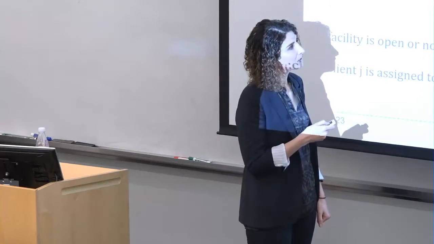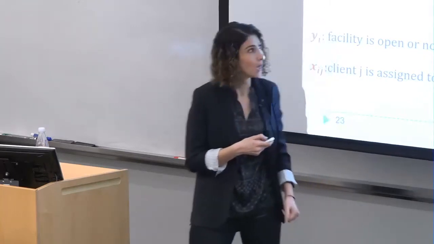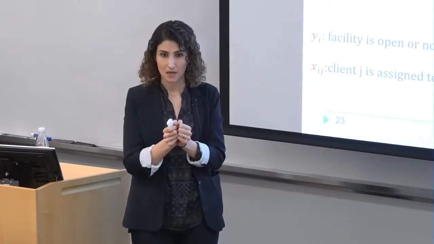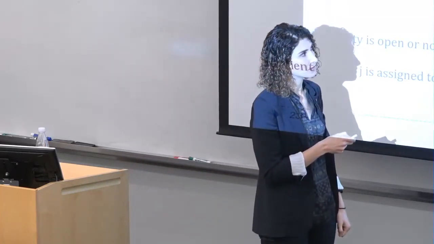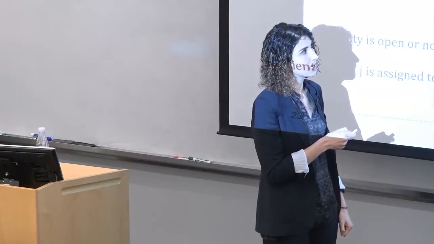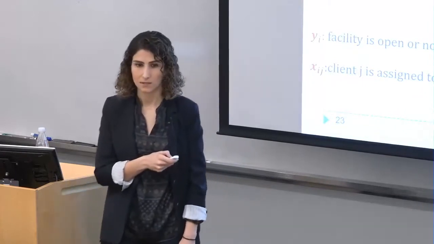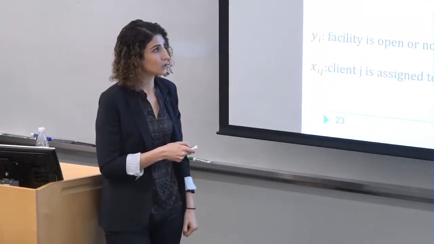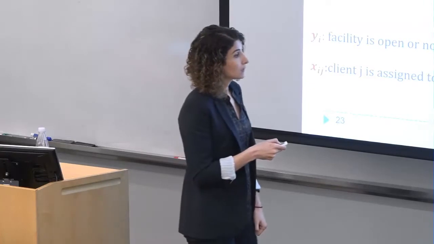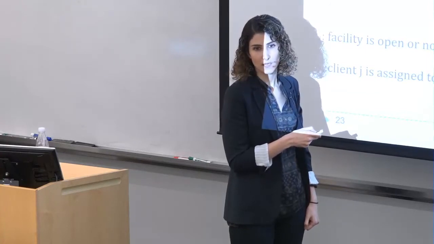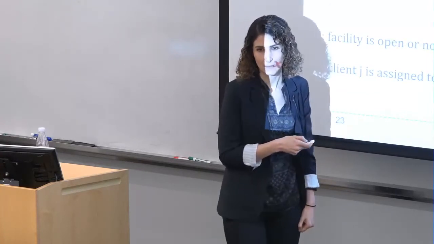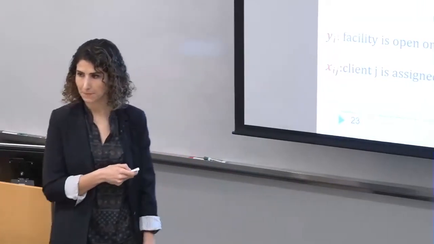This inequality says the budget of client j can be used for paying the connection cost of the client plus the contribution of client j toward the opening cost of facility i. And the second inequality says we want the total contribution of clients toward facility i to be at most the opening cost of facility i, which is lambda.